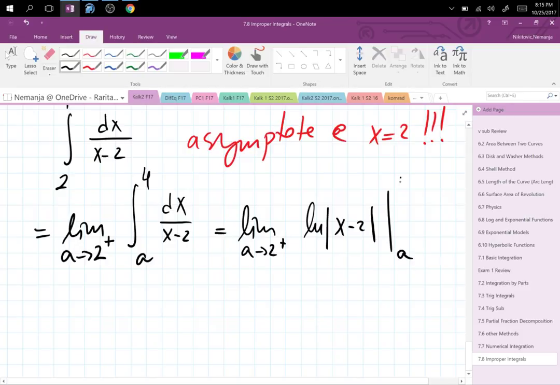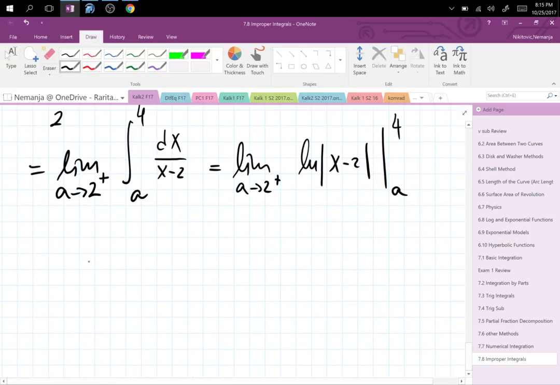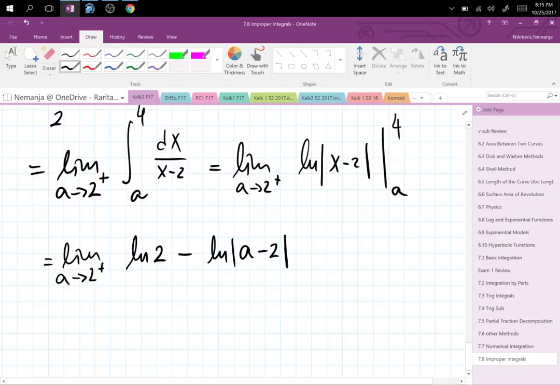Computed from a to 4. You will plug in your limit, a goes to 2 plus. You will plug in your ln, and you have ln 4 minus ln of a minus 2. And this is where the fun begins. 2 minus 2 is 0.